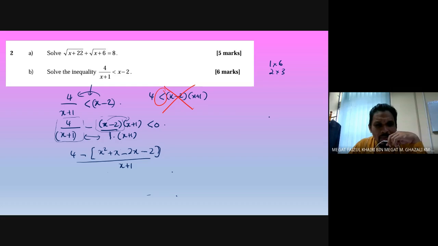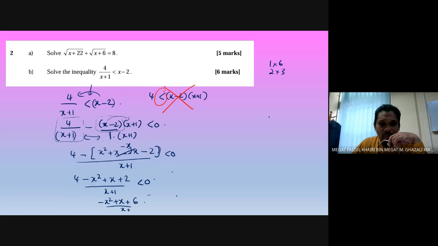I'm afraid I didn't notice where the mistake is, is it correct? X squared, X minus 2X minus 2. So then, 4, okay, X minus 2X equal to negative X. So 4 minus X squared plus X plus 2, divided by X plus 1 less than or equal to 0. So then, negative X squared plus X plus 6 divided by X plus 1 less than 0. This is correct, right?